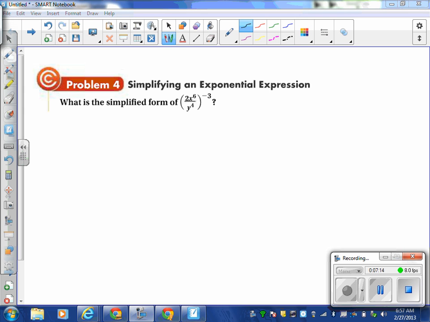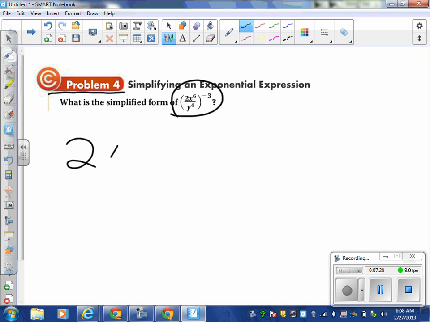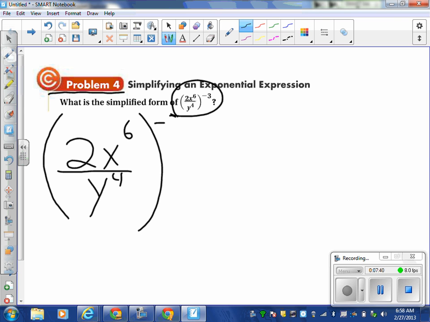How do I solve problem 4? Simplifying an exponential expression. Given this problem right here, I'm going to rewrite it so it's a little bit easier to see. So we have 2x to the 6th power over y to the 4th power. Then we have our parentheses raised to the negative 3rd power. What do we do to solve this problem?